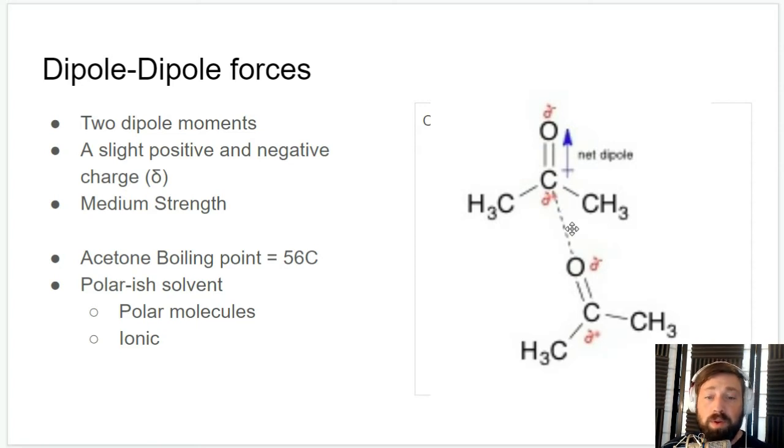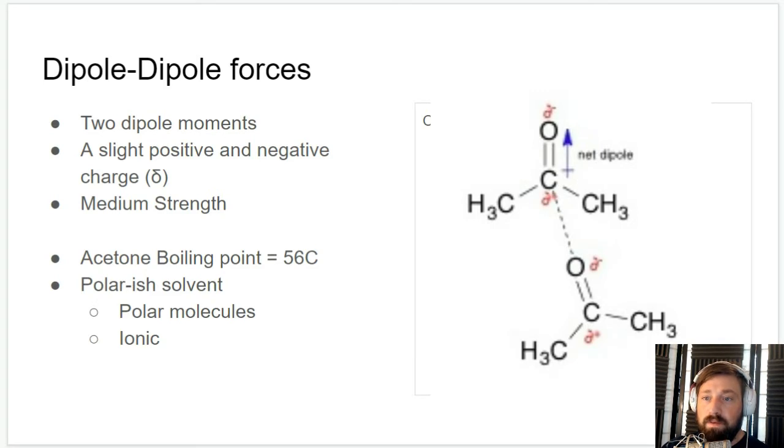This attractive force is what is going to keep these molecules from moving around more. Now, remember when we were talking about the different states of matter, solids don't really move around very much. They just vibrate. Liquids can rotate, but they can't really move translationally. And gases actually have that translational motion. So whenever you have a force between these two molecules, it's going to keep these guys together.